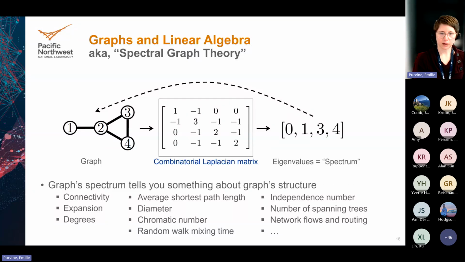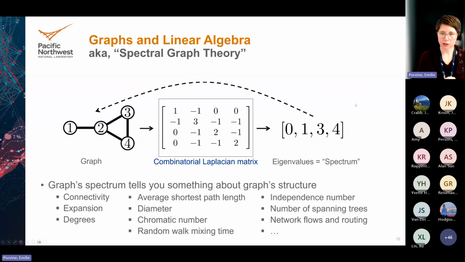There's also something called the combinatorial Laplacian. In this matrix, you put the degree along the diagonal, and then you take the negative of the adjacency matrix on the off diagonal. So vertex 2 has degree 3, so that's here, and then it has its connections as negative as it had in the adjacency matrix.